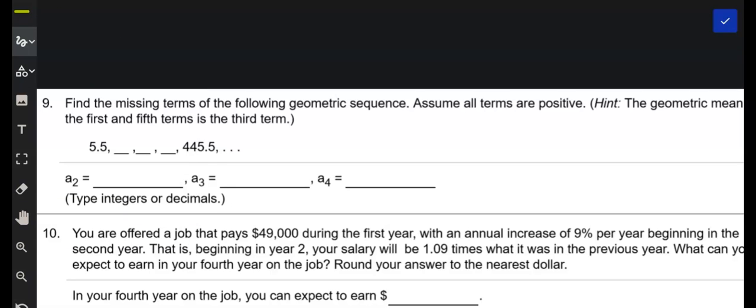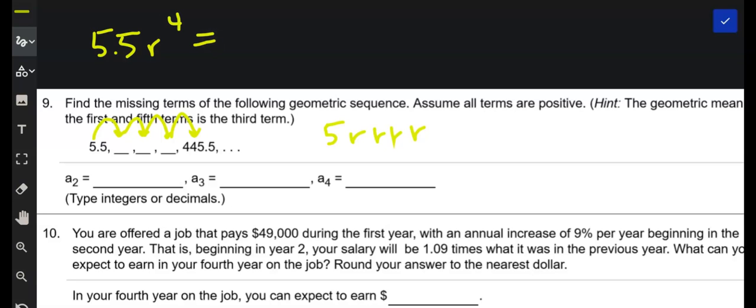Find the missing terms of the following geometric sequence. Assume all terms are positive. Okay? So, how many times are we multiplying by r to get from the first term all the way to the fifth term? 4 times. So how do I say that? How do I say 5 times r times r times r times r? r to the 4th.